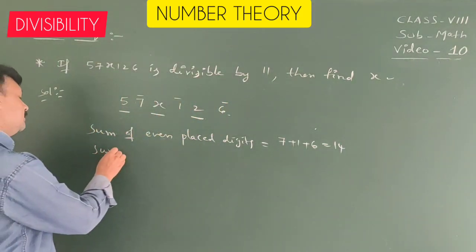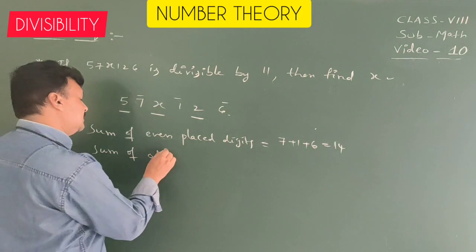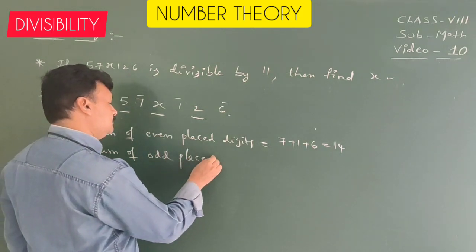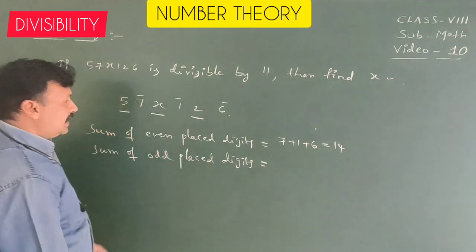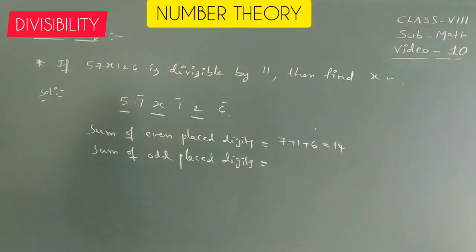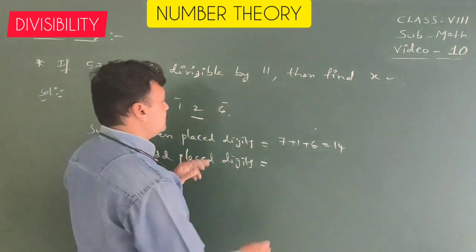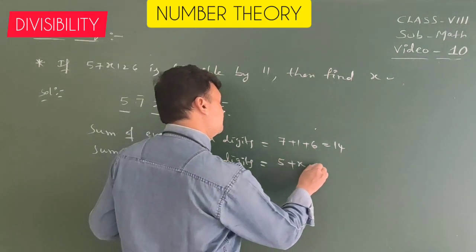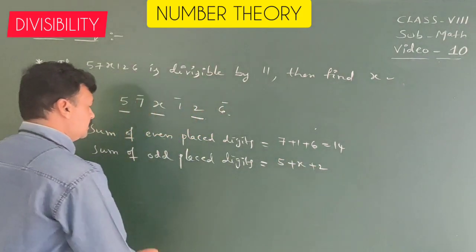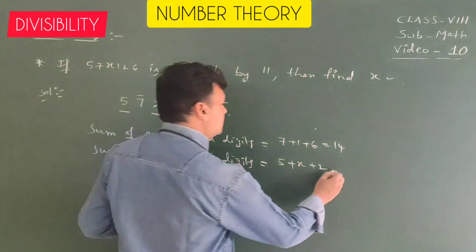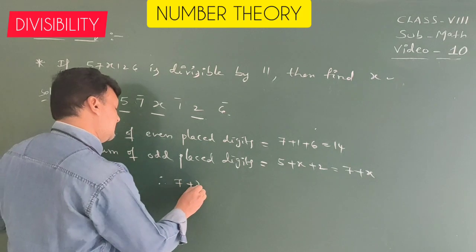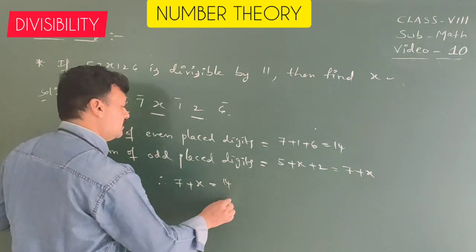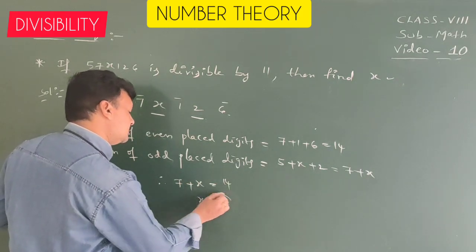The sum of the odd place digits is 5 plus x plus 2, so 7 plus x. 7 plus x equals 14, so x equals 7.